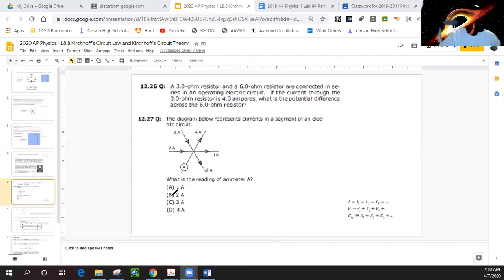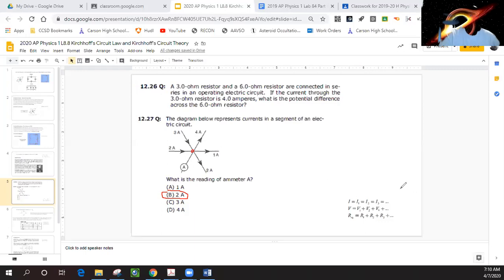12.27. Hopefully you got 2 amps as the answer. And if you weren't too sure about it, let's take a look here. So here's a node right here. We have current coming in here, here, and here, and exiting here, here, and here.